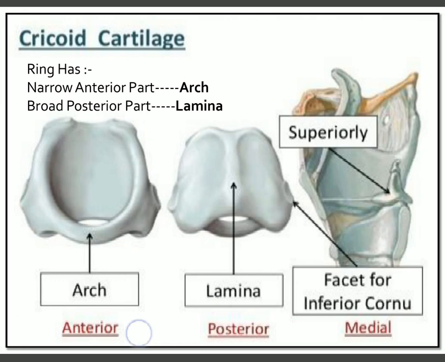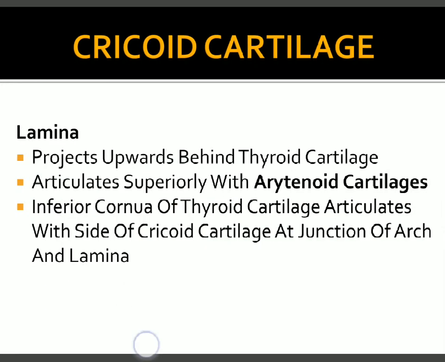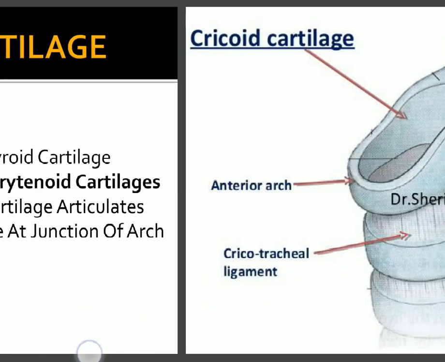So cricoid is a ring, and this ring consists of two main parts. One is the arch. This portion is known as the arch, and this portion is known as the lamina. So the lamina projects upwards behind the thyroid cartilage.